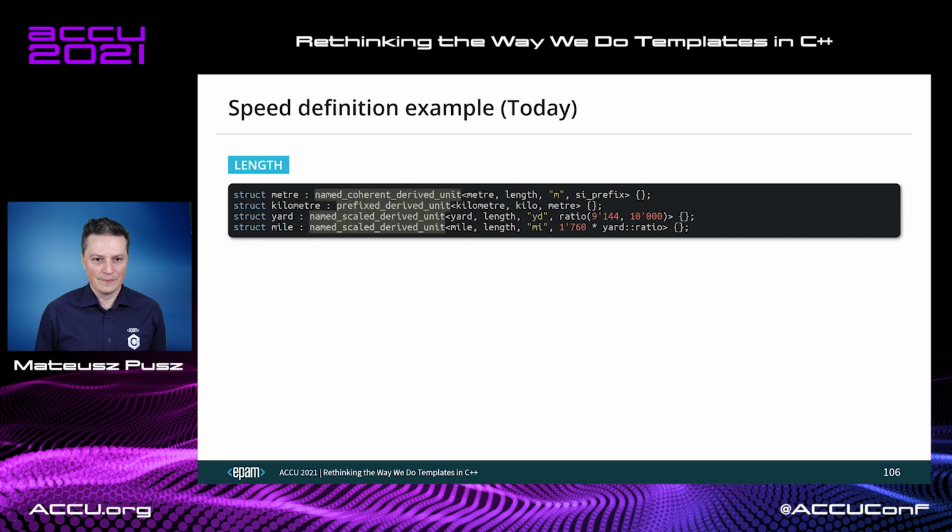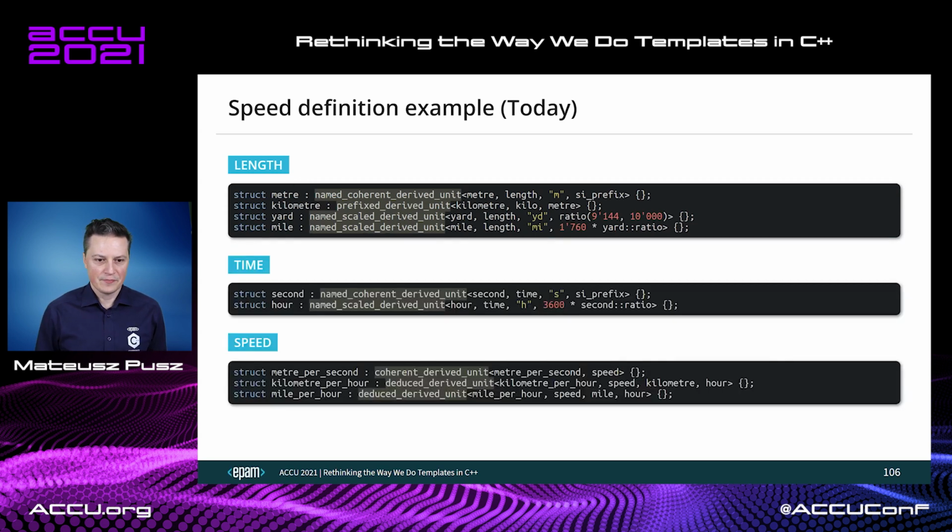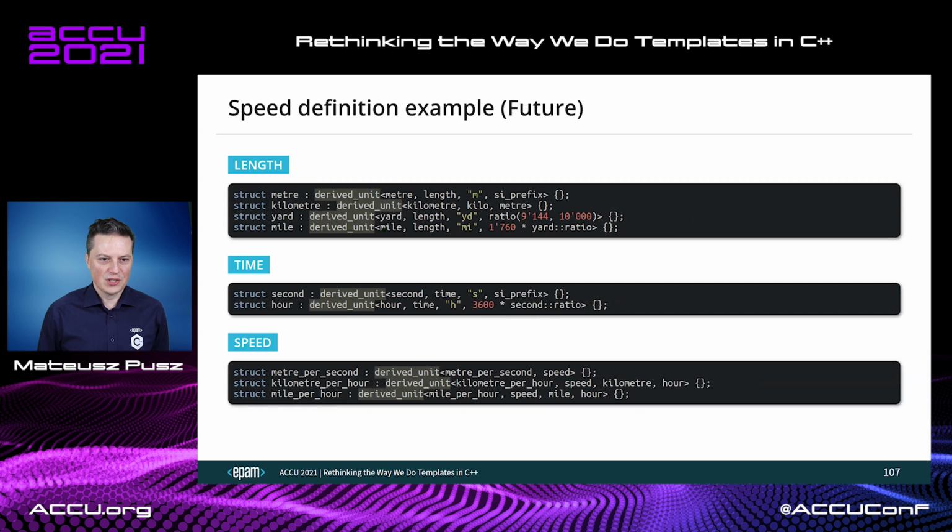So right now, I have specified length like this one, time like this one, spin like this one. With the change proposed, I could just specify those as derived units, the same way as all those overloaded functions provided on the previous slides.